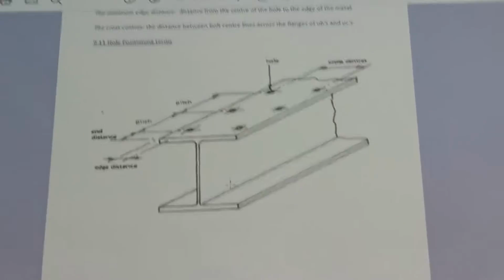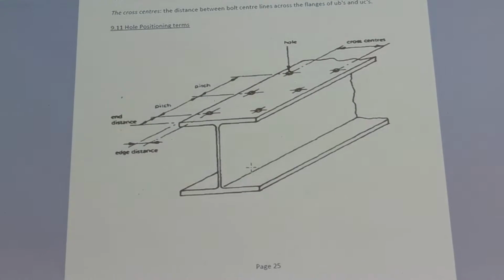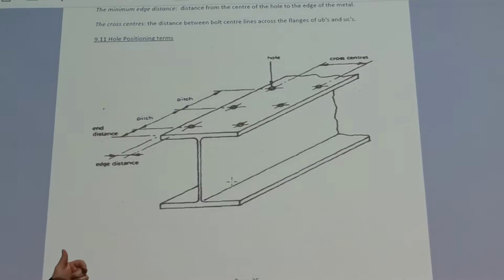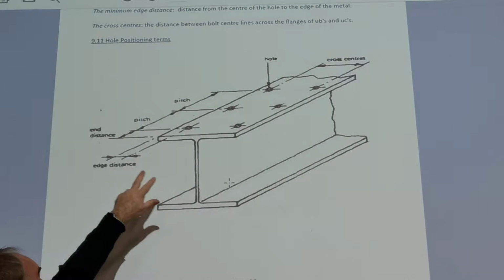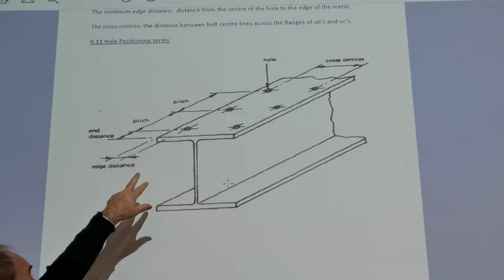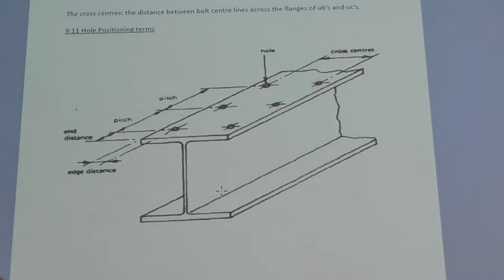If it is across a member, we call that cross centres. The end distance is the distance to the end of the member. The edge distance is the distance to the edge of the member. Both of those are measured from the centre line to the edge, or centre line to the end.